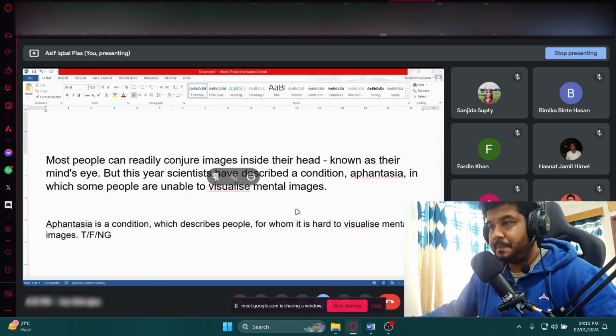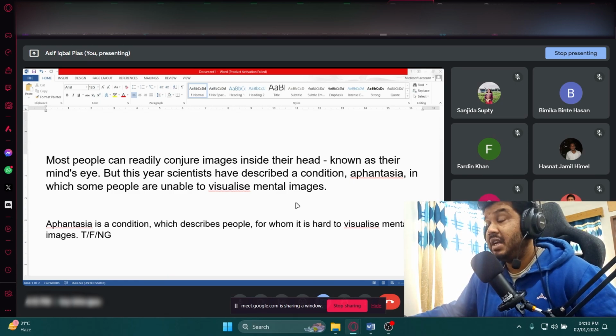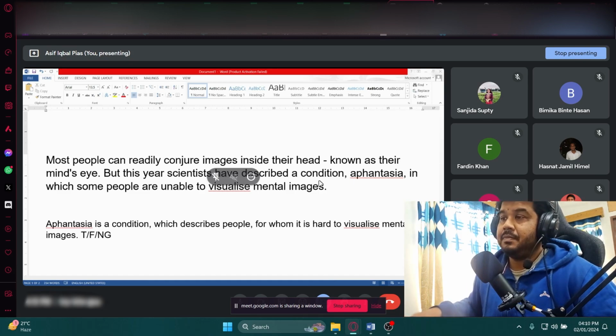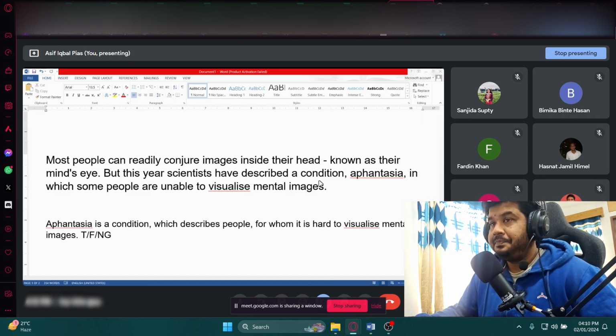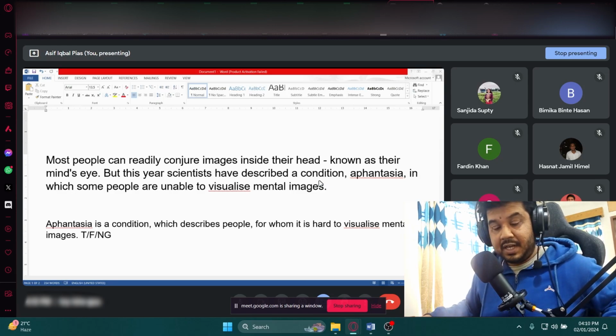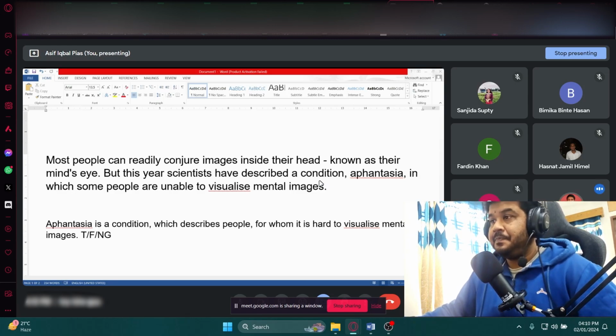Some kind of disease. Yes, you could say so, that it's a disease, or maybe it's a condition. Conditions can also mean diseases. Something related to mental health. What happens in this disease or condition? Can anyone tell me what happens?